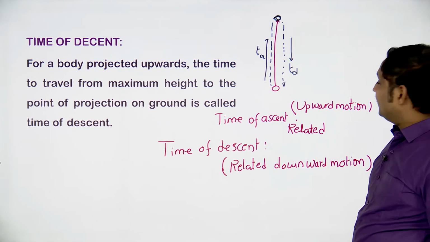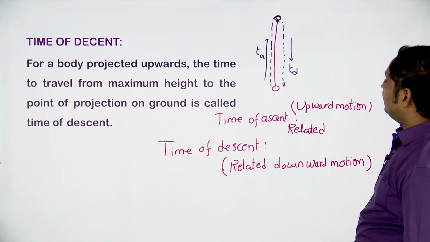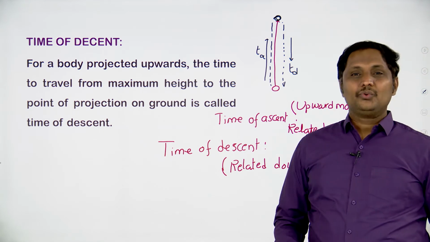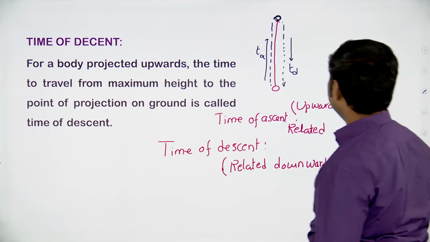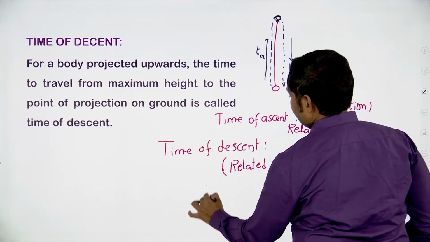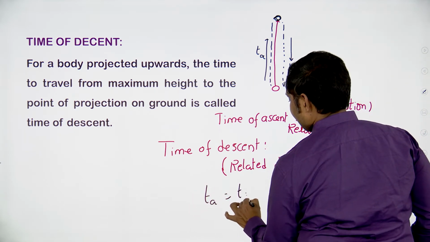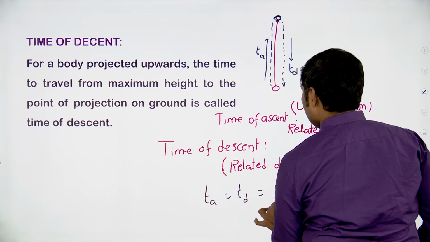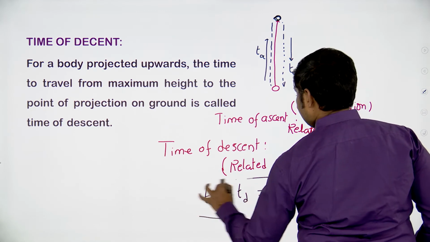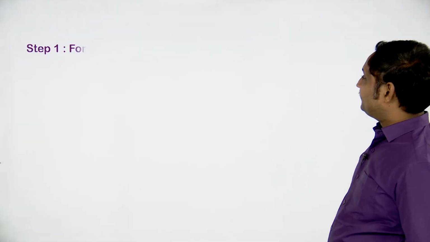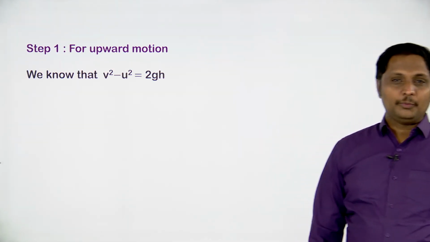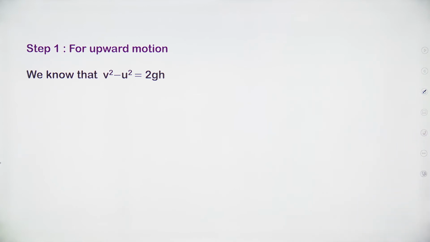It's very easy to have the derivation. So you would like to talk about that TA and TD, U by G. It's very clear. Let's have the derivation part. For upward motion, let's have a look into that matter.